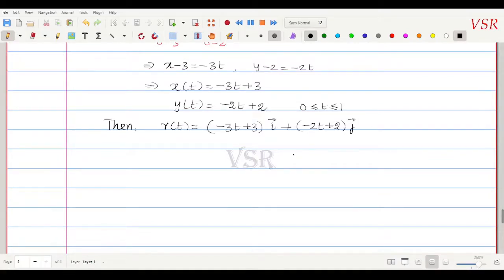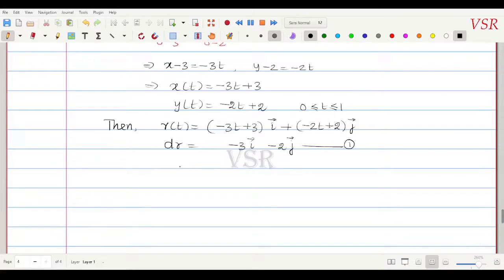Okay, now dr, if you differentiate this, what do we get? We get minus 3 into i vector plus minus 2 into j vector. Okay, I call this equation 1.